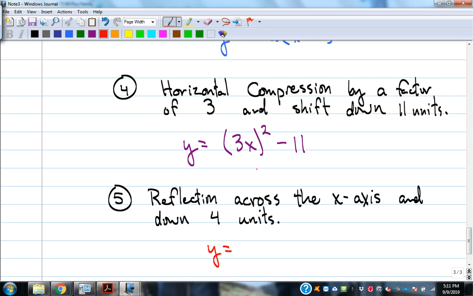So the down 4 units is going to be a vertical movement, right? So we know that's happening on the outside. So I know I got a -4.